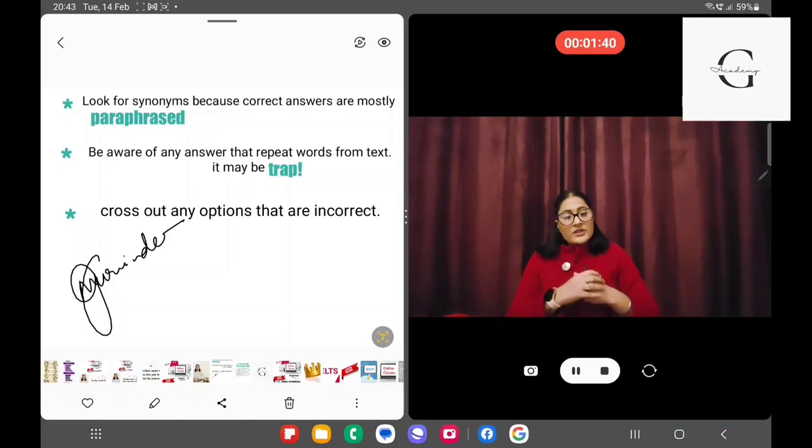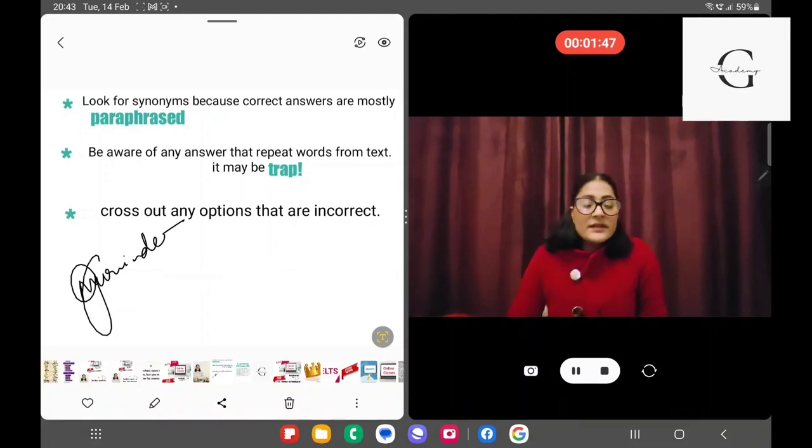The third tip is cross out any options that are incorrect. Here I want to give an example. Let's say I have 4 things in front of me: a pen, a book, a paper and a mobile phone.